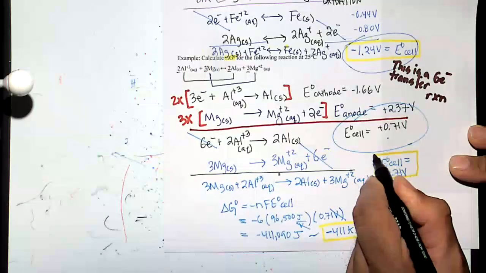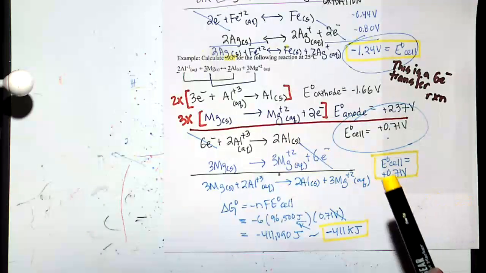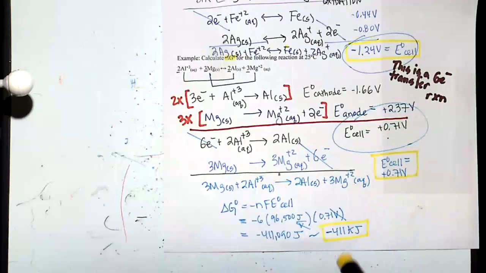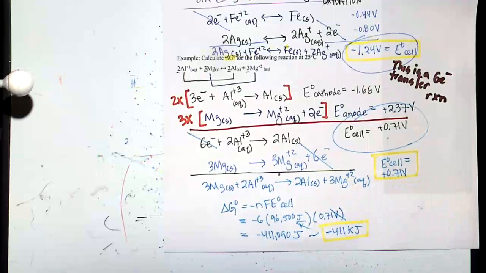What does this tell you about the positive voltage, 0.71 volts? It too favors the products. So the electrochemical cell is positive, so we have a battery. The free energy is negative, which means it favors the products. All of these corroborate one another. The electrochemistry corroborates the thermodynamics.